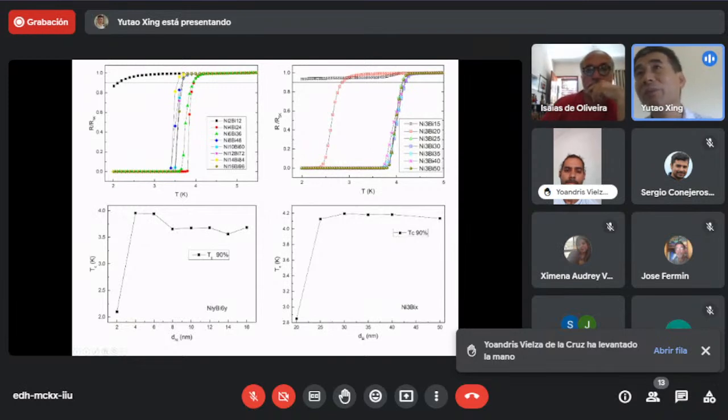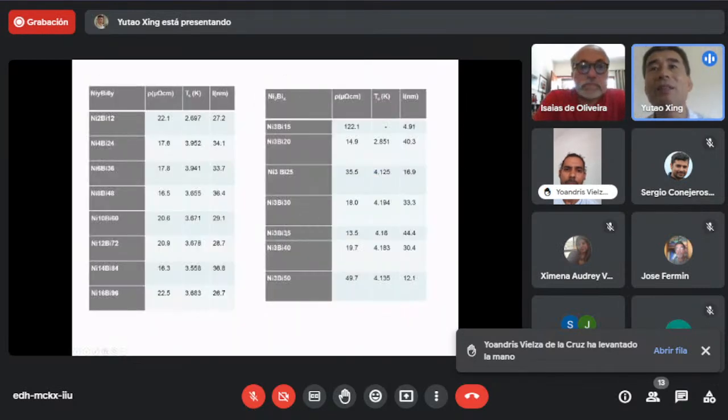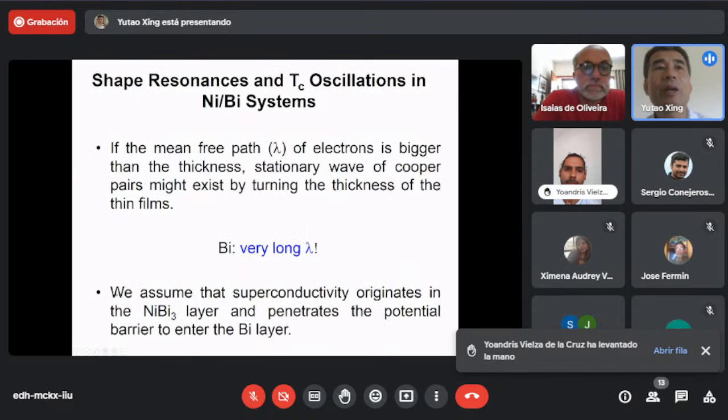And for this sample, we got nickel fixed, but we are changing the thickness of the bismuth. You see here, nickel 3, we're changing the bismuth. I didn't show it very clearly. We assume here that the superconductivity is from the nickel 3 layer, but it can penetrate to the pure bismuth layer.